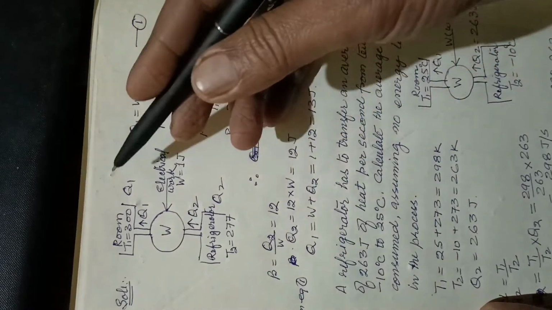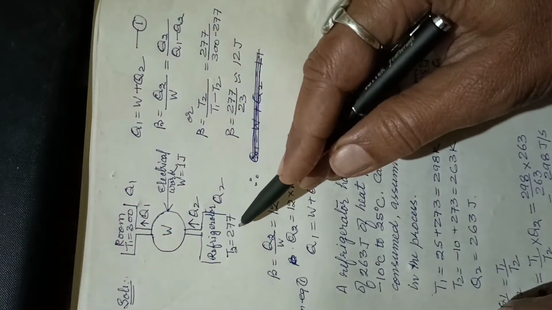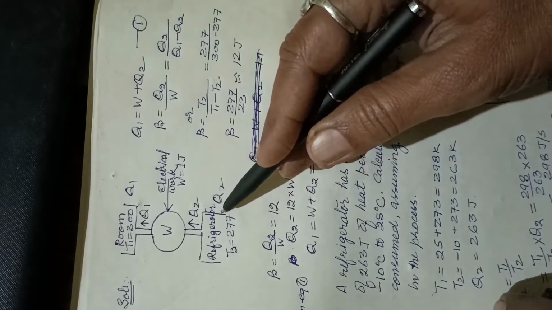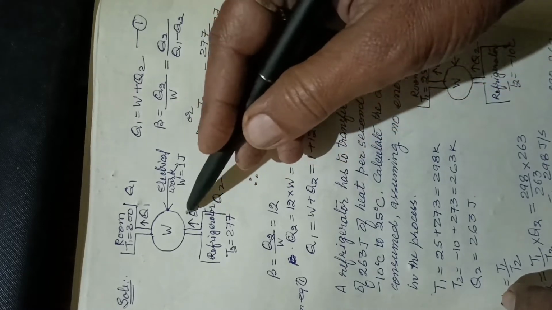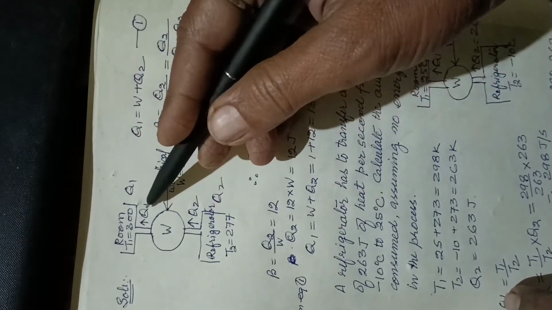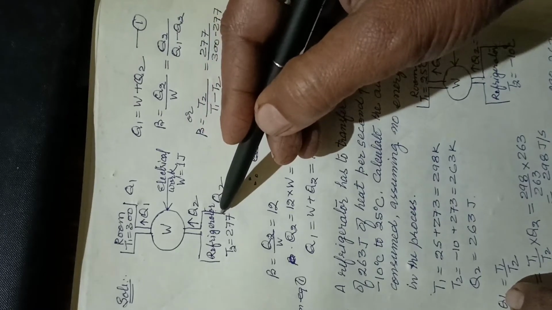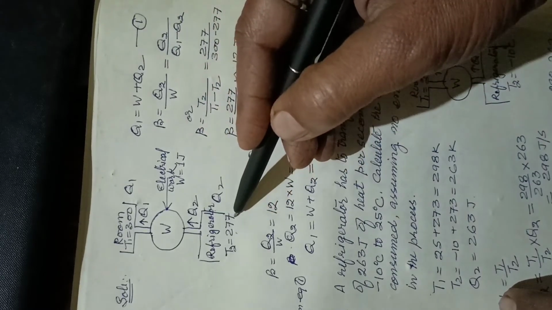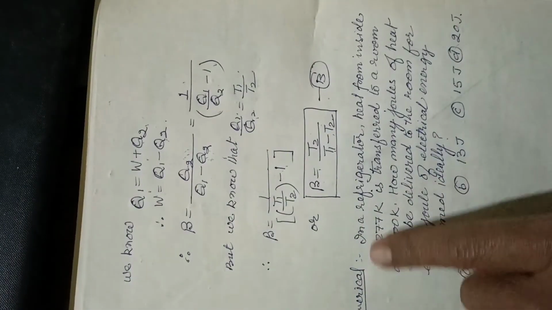See, from the question that is clear, the heat Q2 is rejected from the refrigerator. This is the concept, and then it goes to the room, that is Q1, and the heat drawn is Q2 from the refrigerator, and the refrigerator is at the temperature 277, which is already written here.